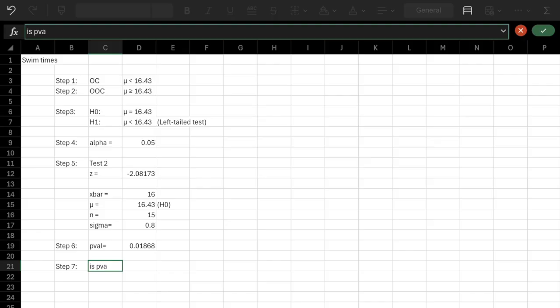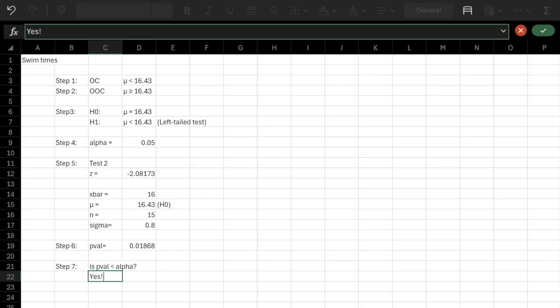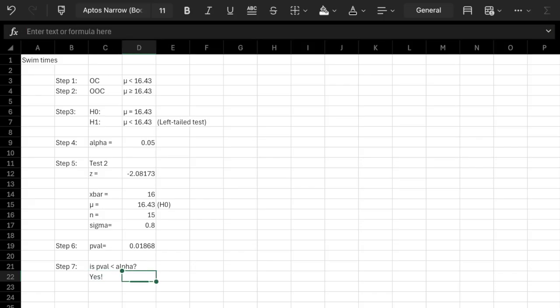Okay, step 7, the decision step. Is the p-value less than alpha? Answer: yes. Okay, so what does that tell me? It tells me that my p-value is sufficiently rare.